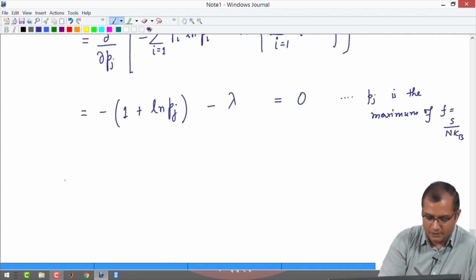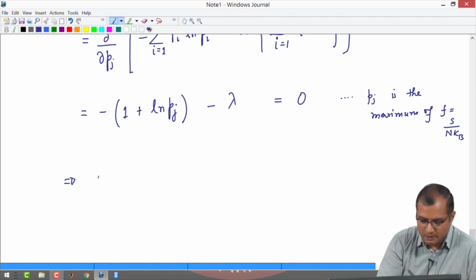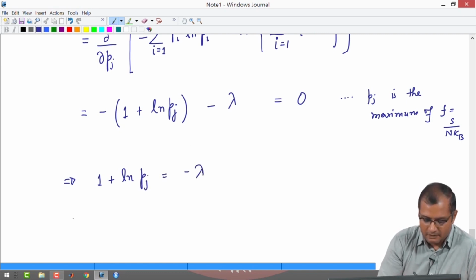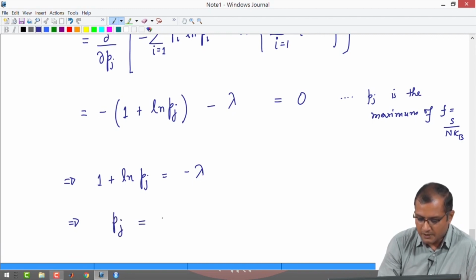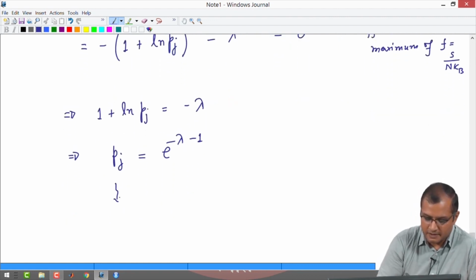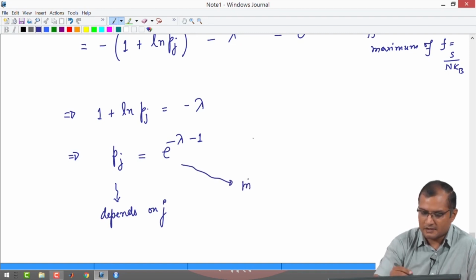So, if you solve this for p j, what you get is basically 1 plus ln p j, which gives you minus lambda. So, you can write this as p j equals e raised to minus lambda minus 1. So, the left hand side depends on j, whereas the right hand side is a constant.